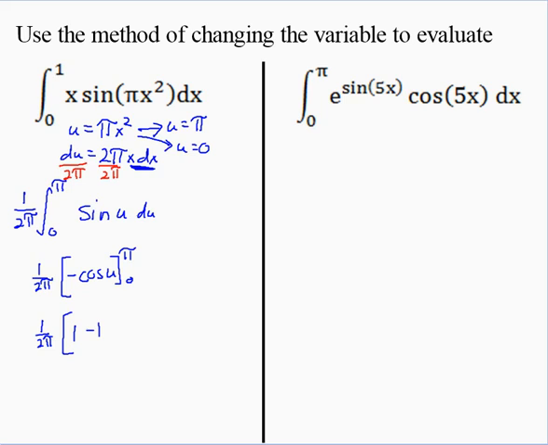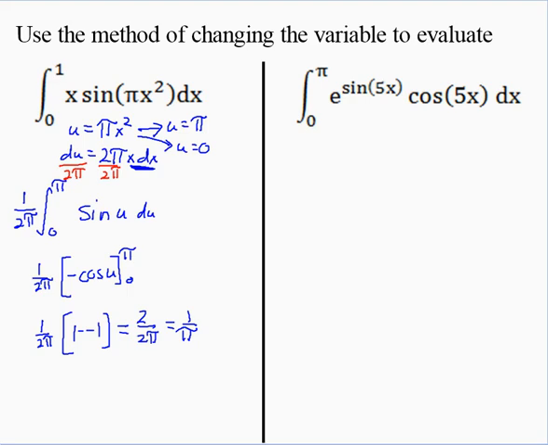So this is, sorry about that, minus a negative 1. So we have our integral is the first one minus plugging in 0. When we put in 0, we get negative 1. And so we get 2 over 2 pi, which just equals 1 over pi. And so there's our answer for that one.